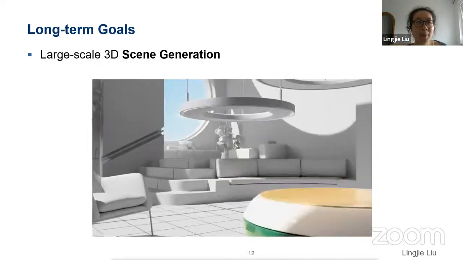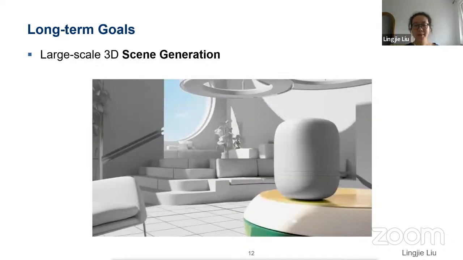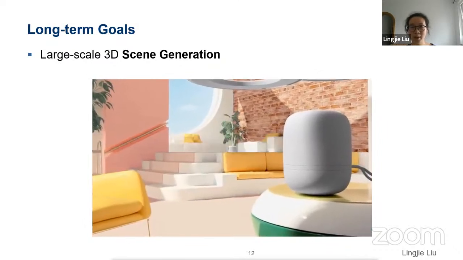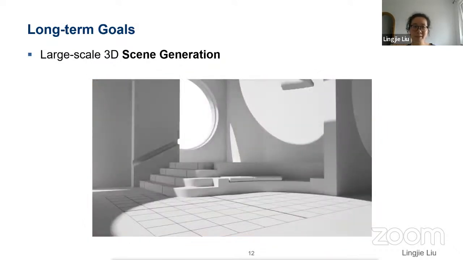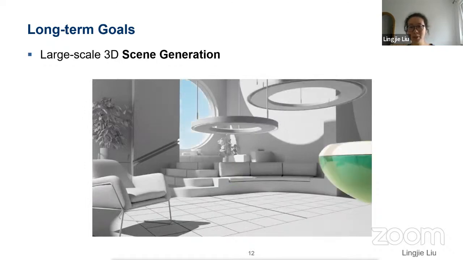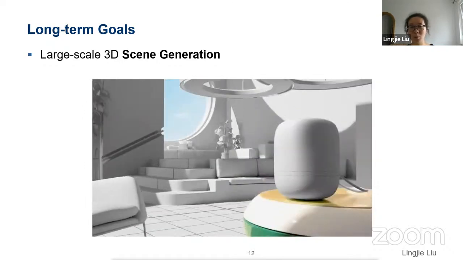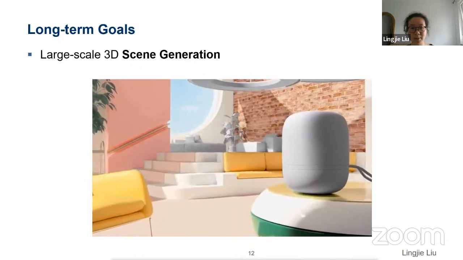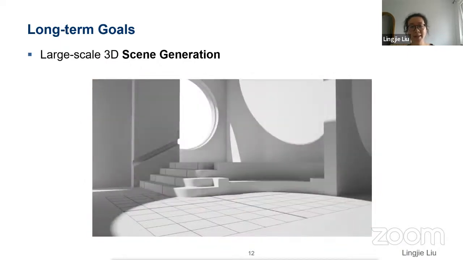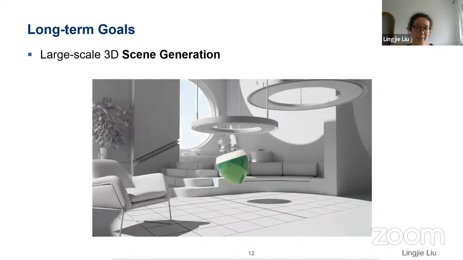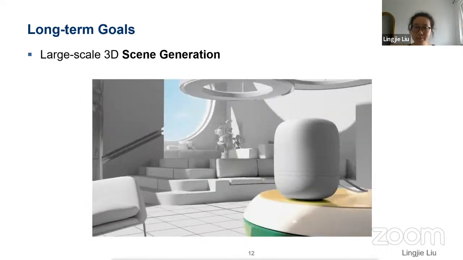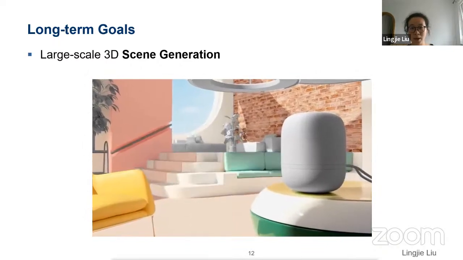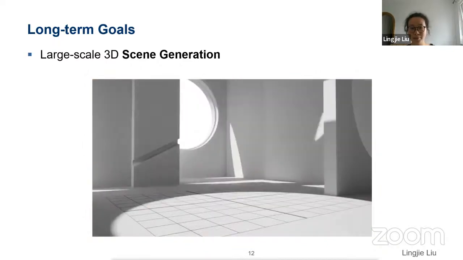Next, we have seen the success of machine learning in recent years, and this success has demonstrated the importance of large-scale training data for learning powerful neural networks. And developing AI technologies that can perceive, understand, and interact with 3D content also requires large-scale photorealistic 3D data.